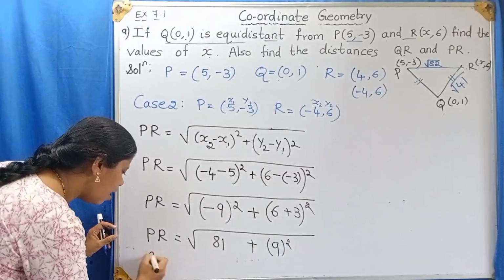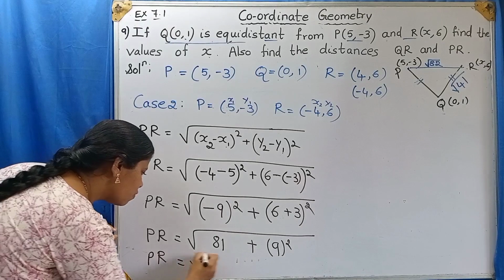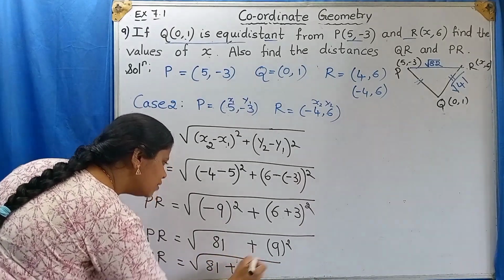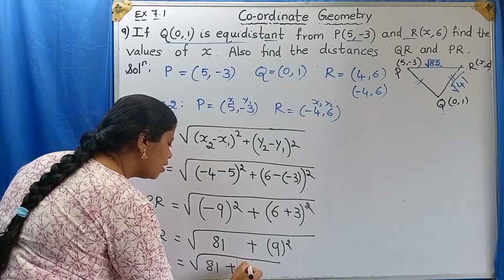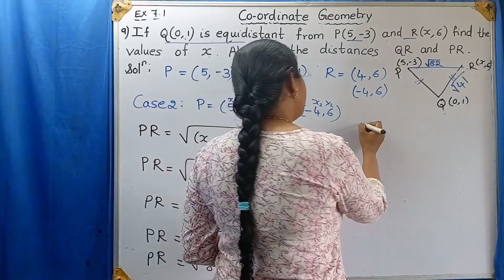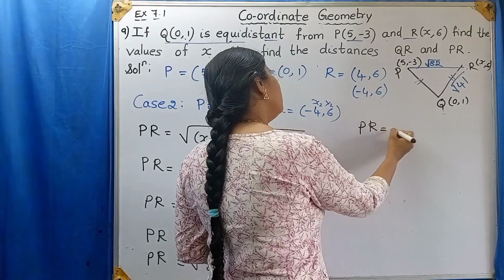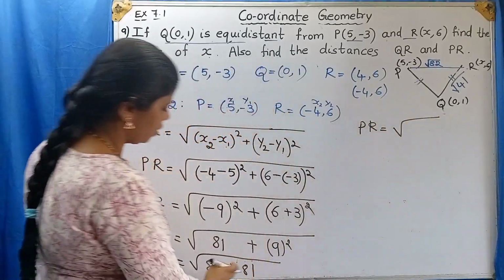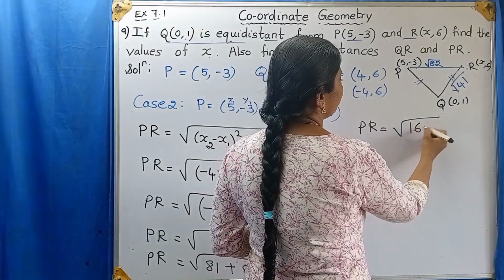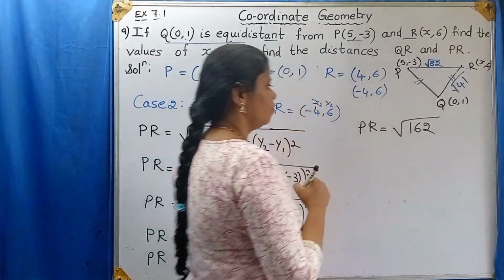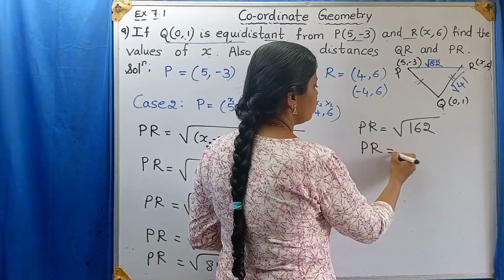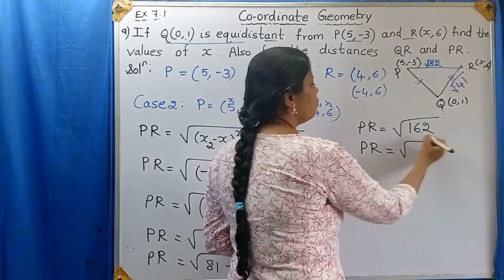That is PR is equal to square root of 81, for this plus let us write plus 9 square is what? 81. That is PR is equal to 81 plus 81 is what? 162. Okay. PR is equal to square root of 162.